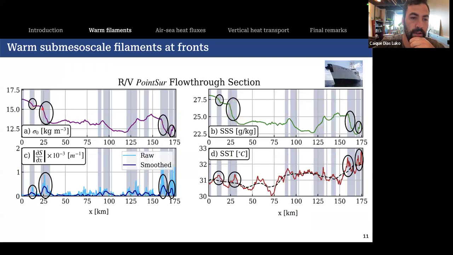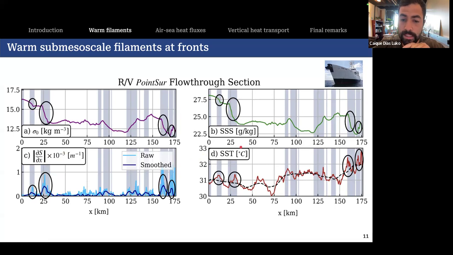We can see that along our transit, we cross a bunch of density fronts. These fronts are controlled mainly by salinity. We can see here in this panel, sea surface salinity, the shape of the curves is really similar. And in panel C, I'm also showing the salinity gradients along the transect. So we can see a couple of peaks where we cross the fronts.